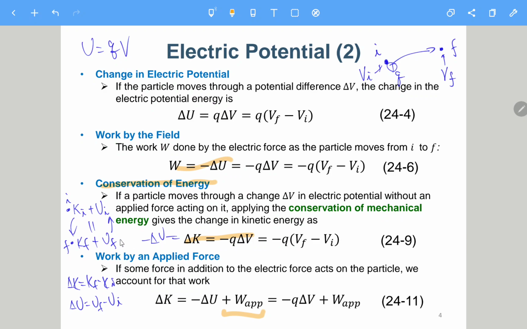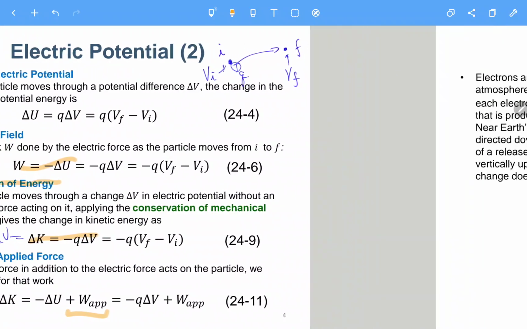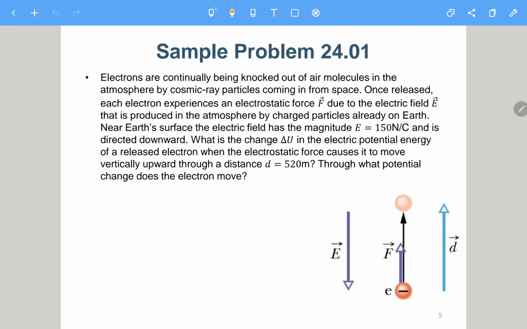So it will be like a negative W apply, and then you move the term over. So you have a negative delta U plus W apply, something like this. So this is a simple equation.